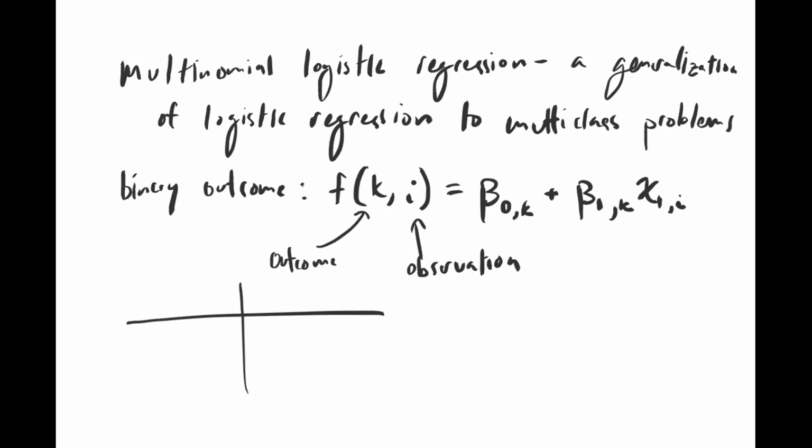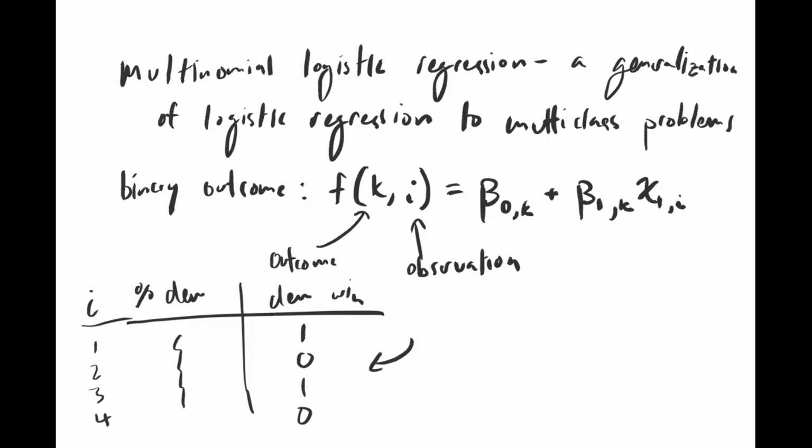In the example that we looked at last time, it was percent Democrat, and then whether the Democrats win. So you have a bunch of stuff here, and then you have ones and zeros here. Each entry is an i, so this would be 1, 2, 3, 4. And note that here, k only has 2 outcomes.